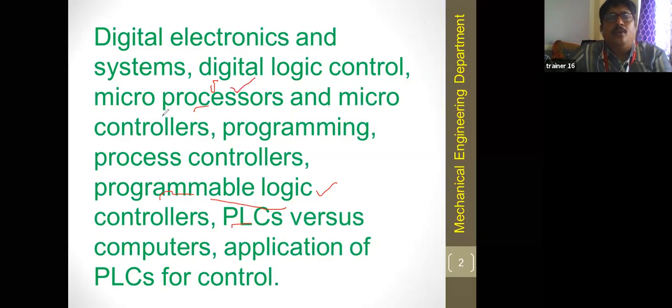And this is a microcontroller, and process control, programmable logic control. That means only 4 topics. So of course, digital logic controller is 1, microprocessor 2, microcontrollers 3, process control 4, and programmable logic control is 5. Of all these, 2 are very major topics. The microprocessor is a major topic and PLC is the major topic.